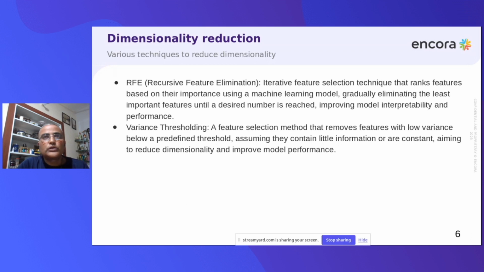So we can put a threshold. I would draw a line saying any feature with variance 0.2 or less, I would want to eliminate. So this is another technique, variance thresholding, that can be applied to reduce the number of dimensions.